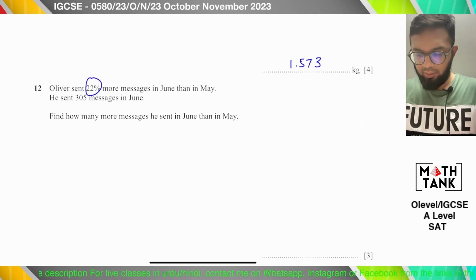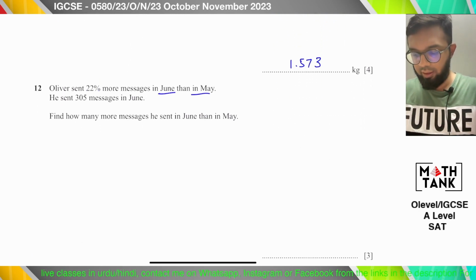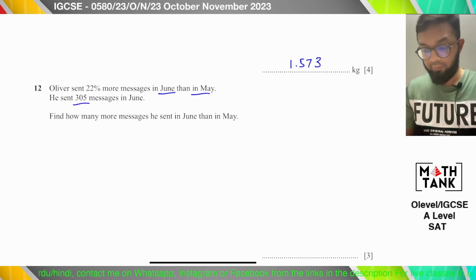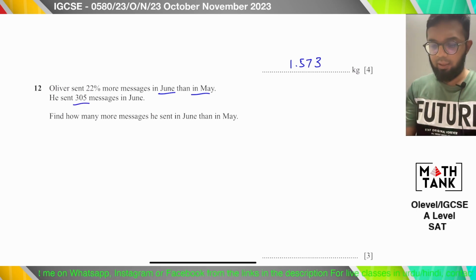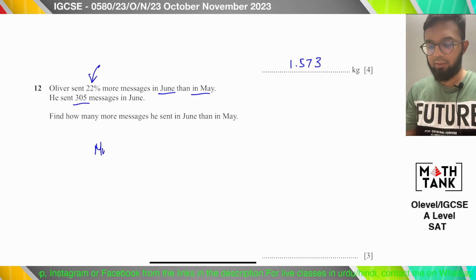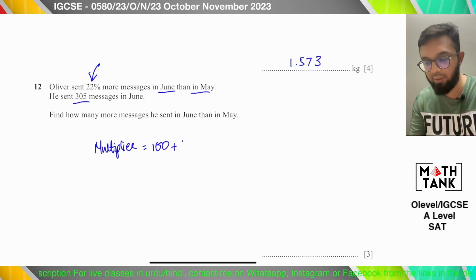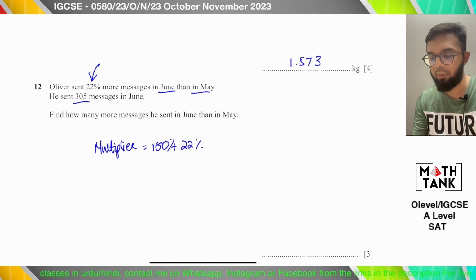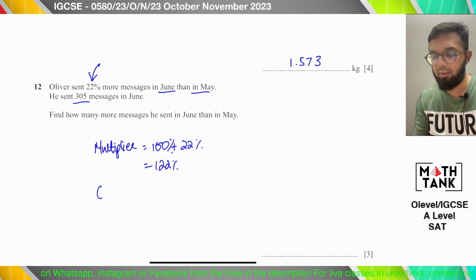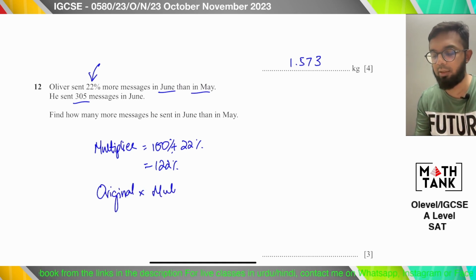Oliver sent 22% more messages in June than in May. He sent 305 messages. Whenever you have an increase or a decrease, I teach it with the concept of a multiplier. A multiplier is 100 plus or minus the change. So in this case, it's going to be 100% plus 22%, so 122%. Then you always take the original, you multiply it with the multiplier, and you write down the final.